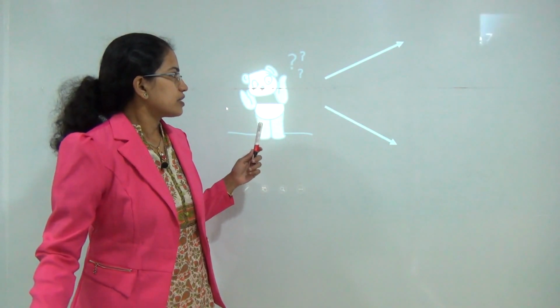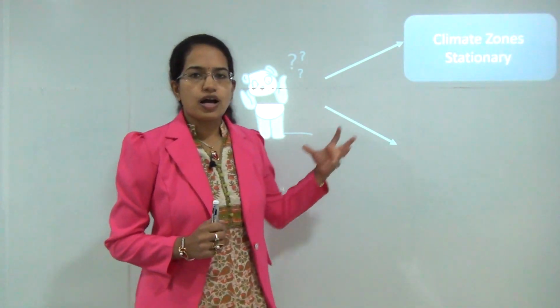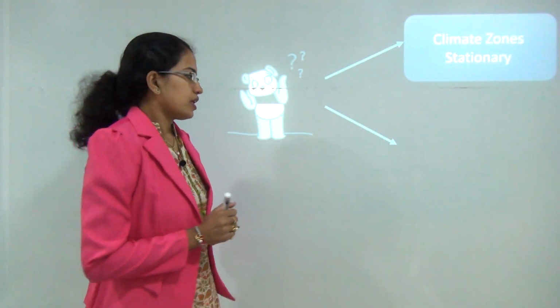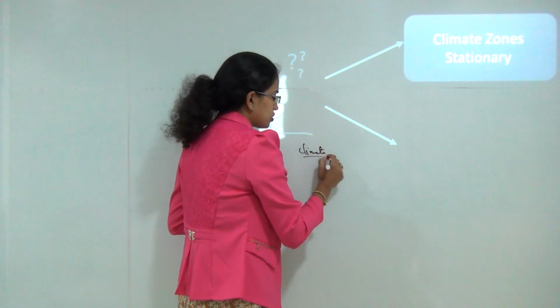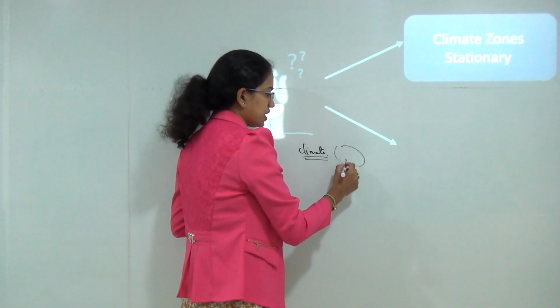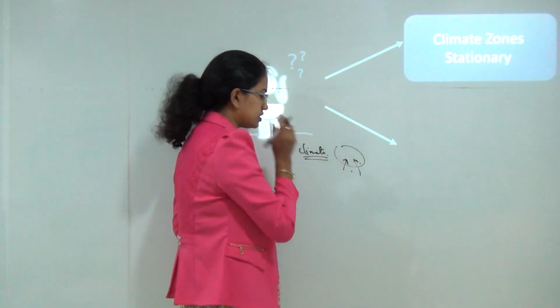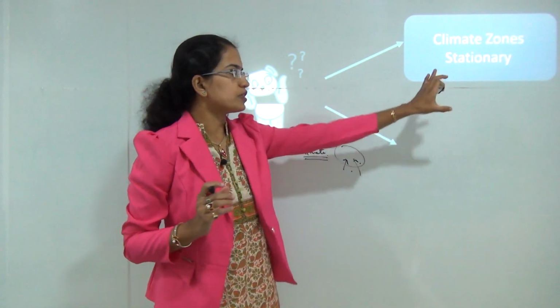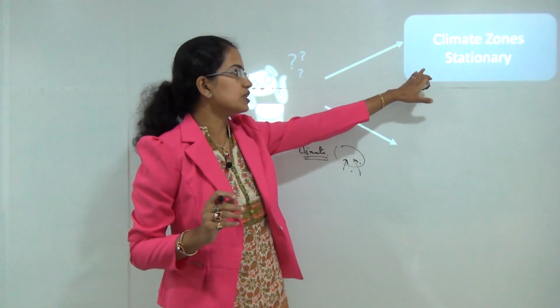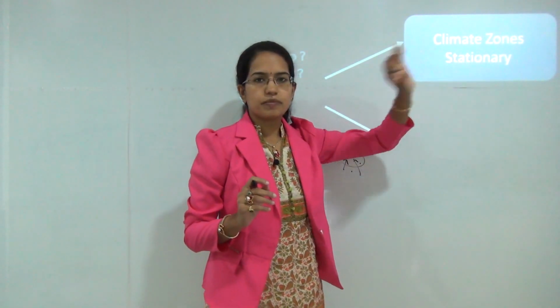So, there could be two aspects that could explain why the climatic conditions of the continent vary over time as well as over the region. When we try to explain that, scientists came up with two fundamental concepts. The first was that the climate zones remain stationary.